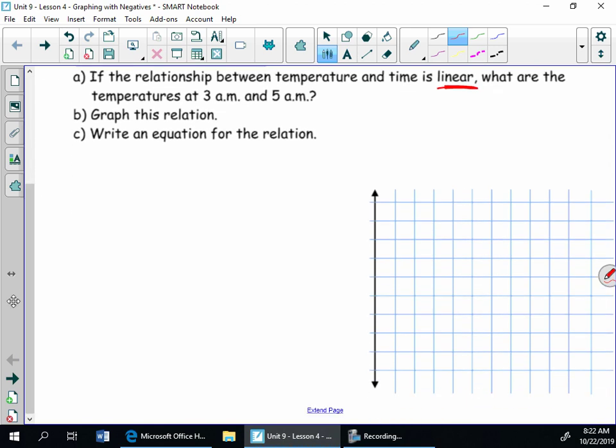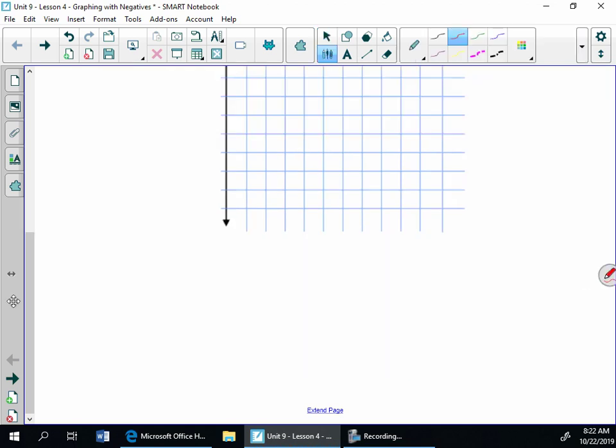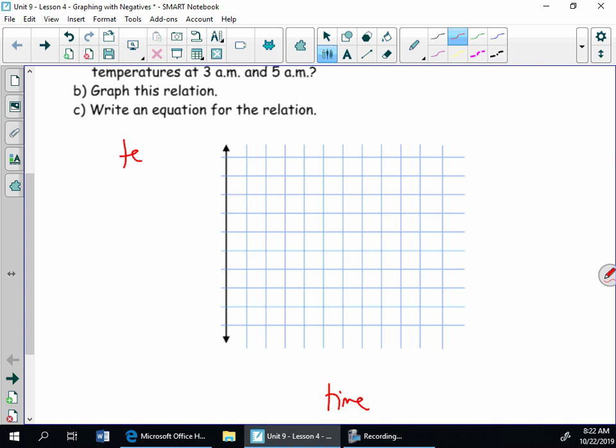Okay, we want to graph this relation. Here's a good old graph. Notice that I made this graph look a little bit different this time. Well, why? Well, we got our temperatures down here. Oh, sorry, this is time down here. Time. Temperatures up the side. Okay, I didn't put another axis in here because I actually have to think about this.